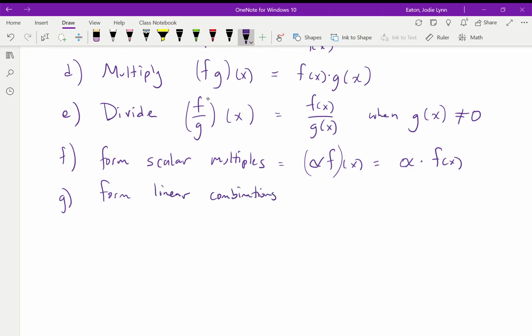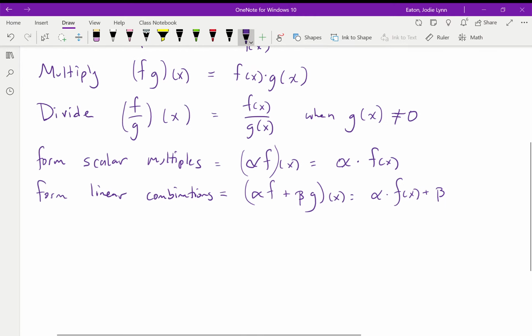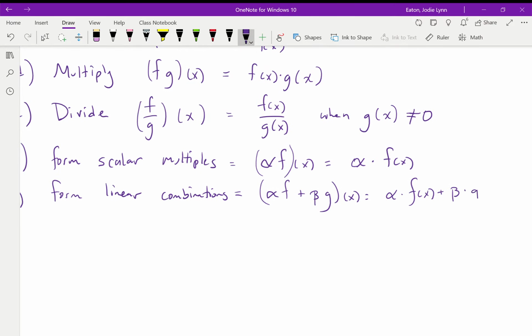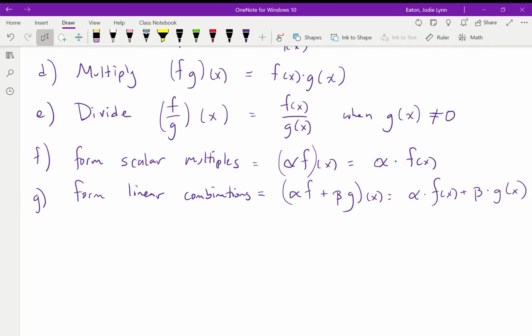So we can multiply by constants and add or subtract. And we can combine any of these sorts of algebraic combinations if we like. So you can say alpha f plus beta g of x equals alpha times f of x plus beta times g of x. All right. I'll shrink that down so we get the whole thing.